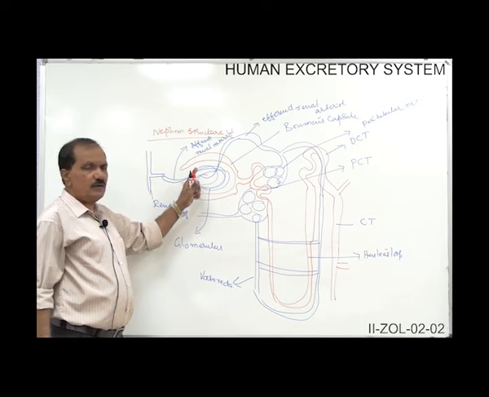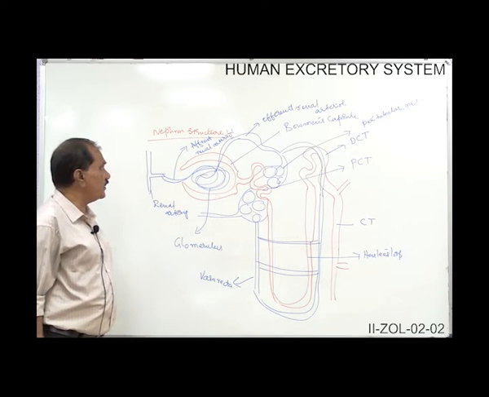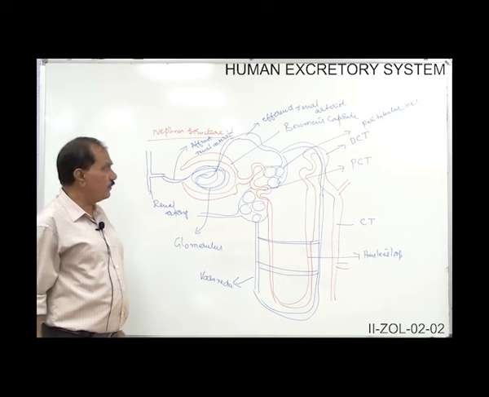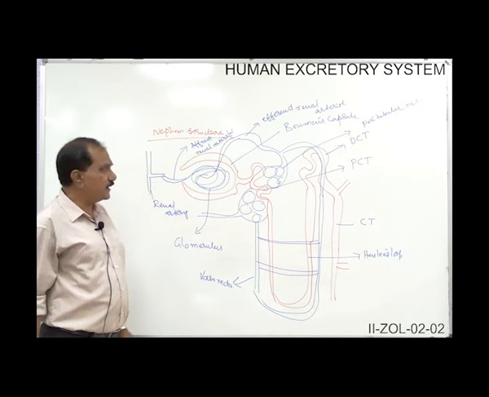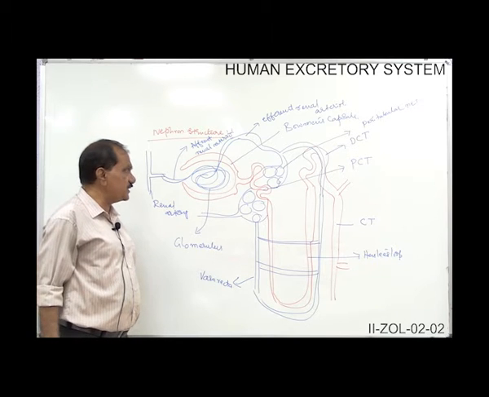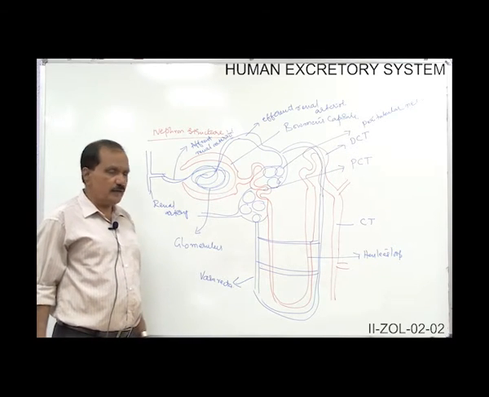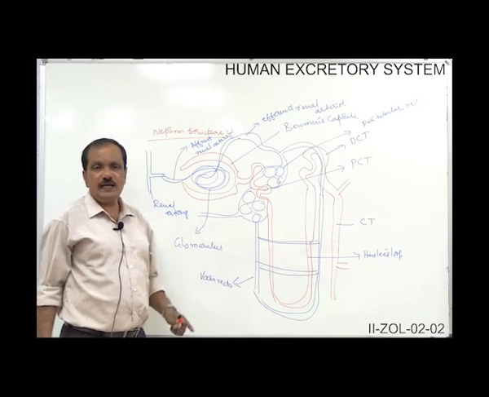From the glomerulus, the blood vessel which comes out is called the efferent renal arteriole. This efferent renal arteriole forms what we call the peritubular network on the upper side of the proximal and distal convoluted tubules. Not only that, it also forms the vasa recta around the U shape of Henle's loop.